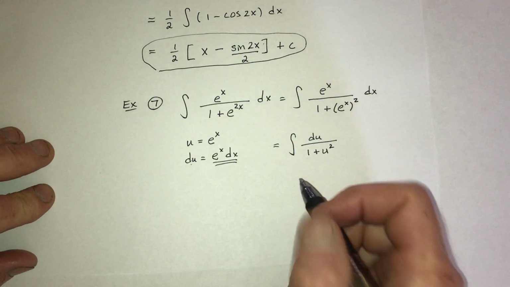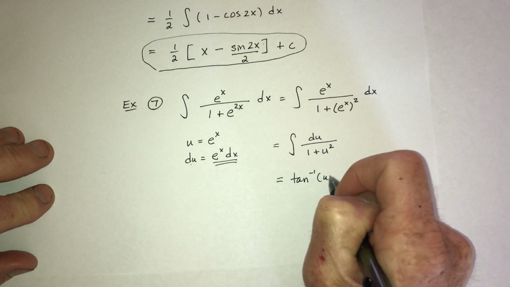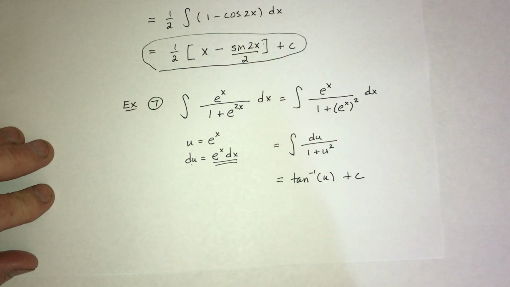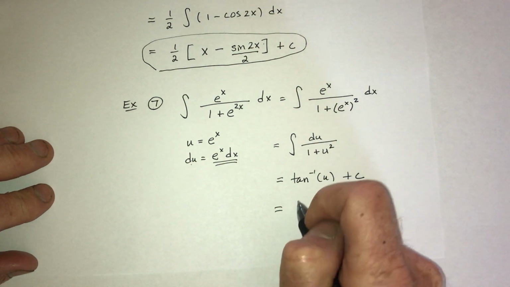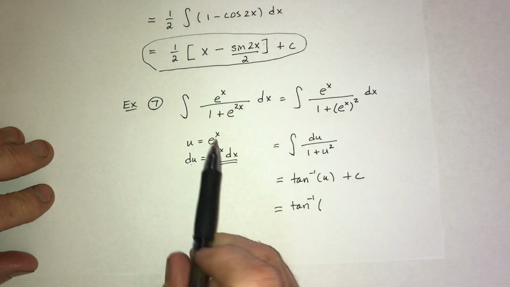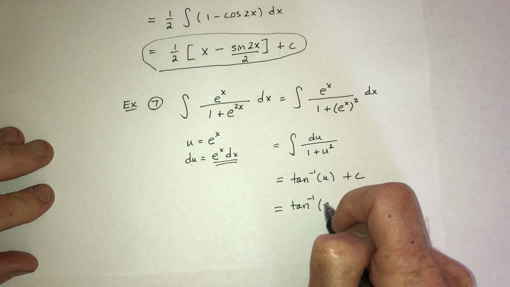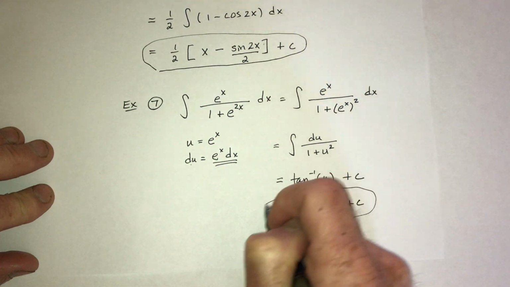So for this one, it's tangent inverse of u, and of course, plus c. And then replace the u, so that is tangent inverse of e to the x, and then plus c, and it's done.